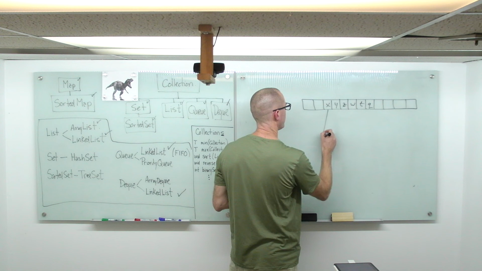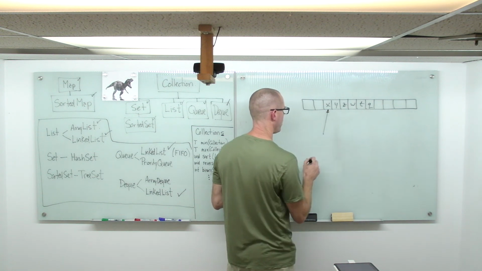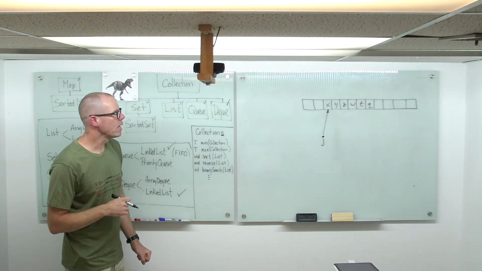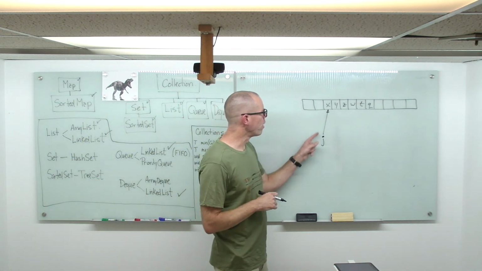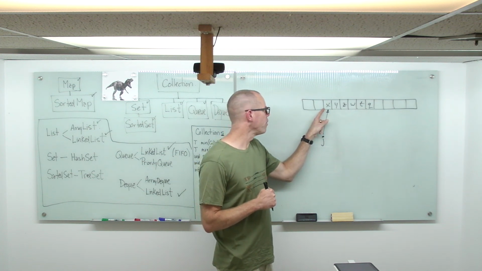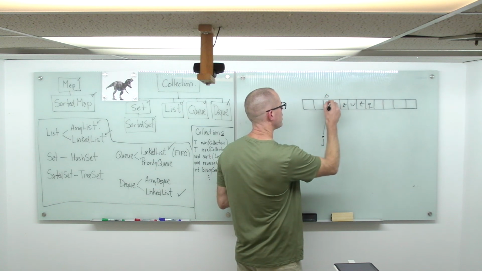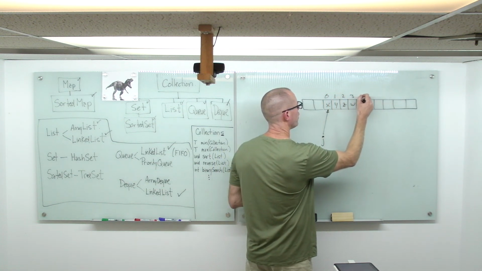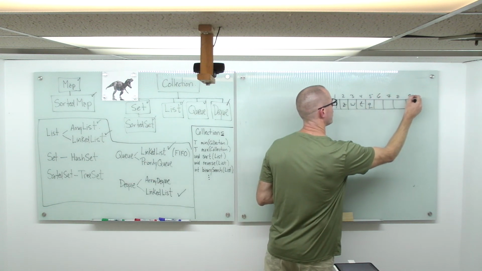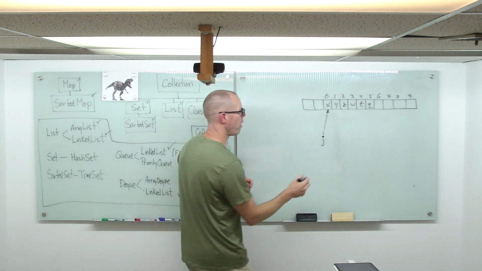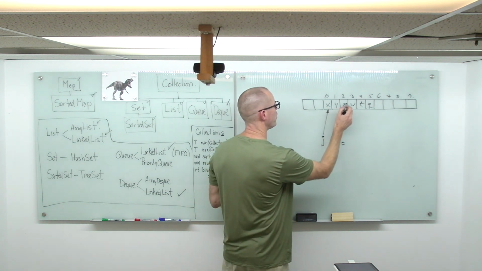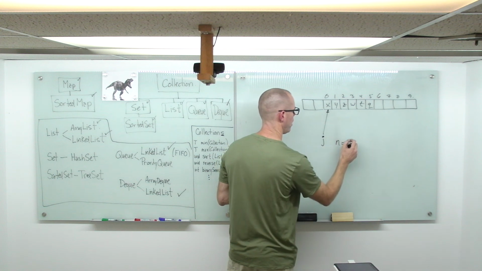You could instead just keep an extra variable that says, no, I don't always want to start at position 0. I'll keep a variable j that tells me where the first item in my list is. So this is item 0, this is 1, 2, 3, 4, 5. Here would be 6, 7, 8, 9. And you keep another variable which is n, which is the number of items. In this case it's 1, 2, 3, 4, 5, 6.